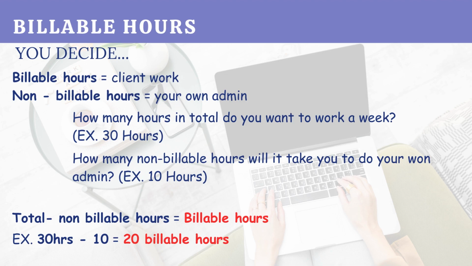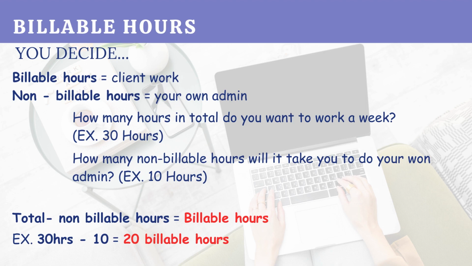Your available hours each week is 30 hours in total. Then you have your non-billable hours, which is the work that you do for yourself, your personal stuff, your marketing for yourself. That's 10 hours. So 30 minus 10 equals 20. That 20 hours is your billable hours.